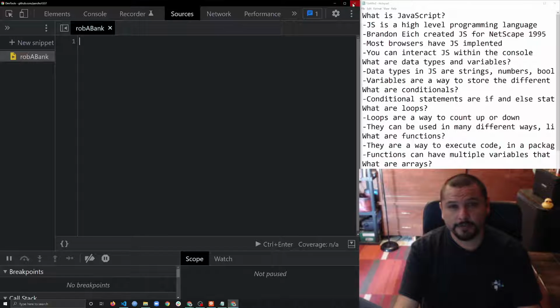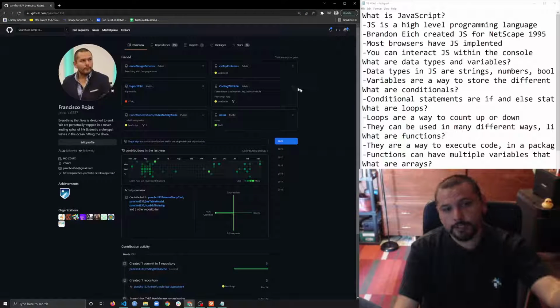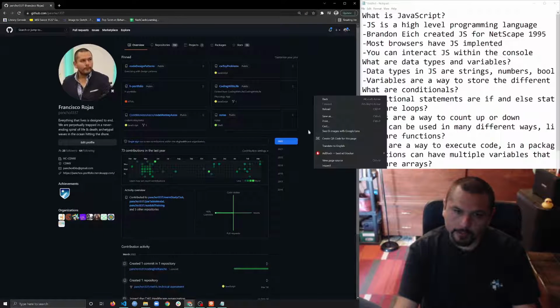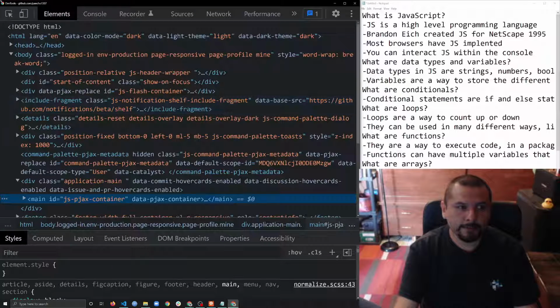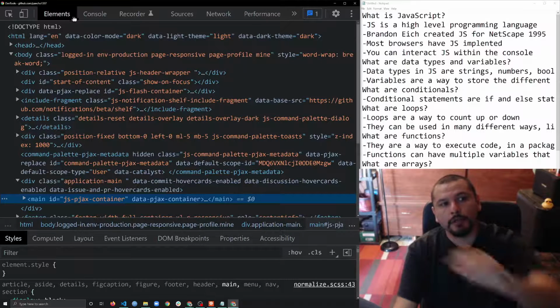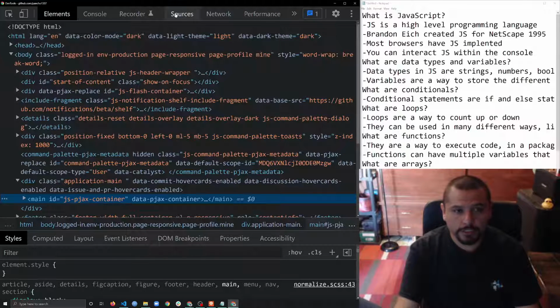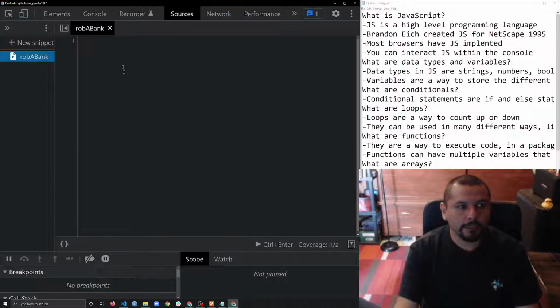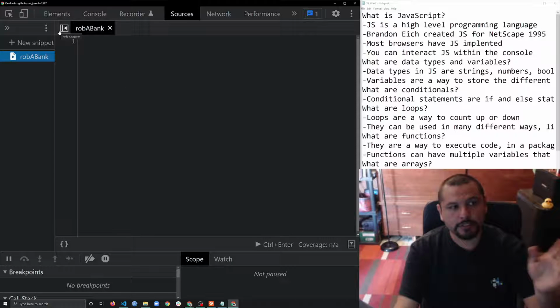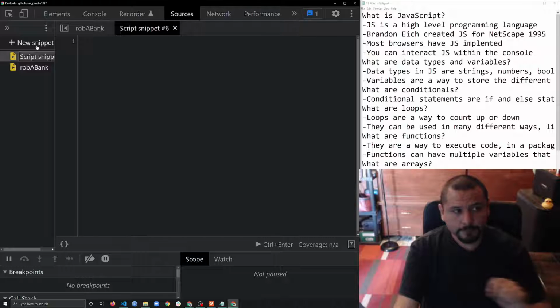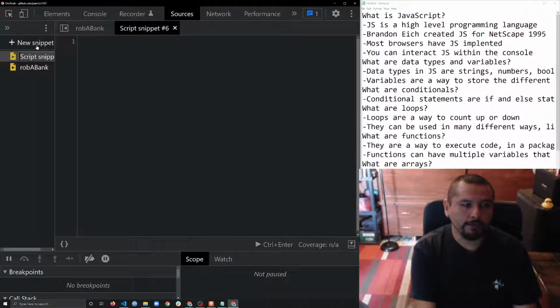One more time, just if somebody didn't get it: in order to get into that console, you right click anywhere on the screen and click inspect. Inside of inspect, you have this toolbar on top, and you can click on the sources tab, where you will be given a place where you can store these little snippets.